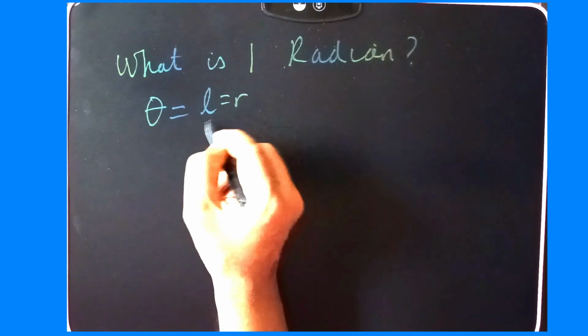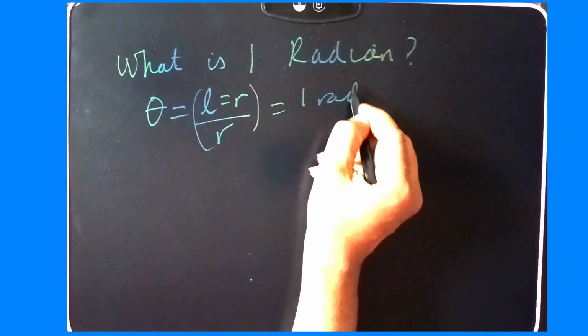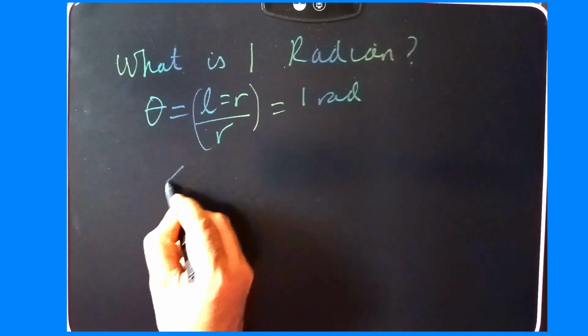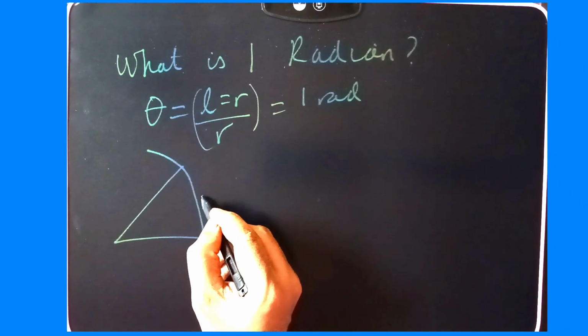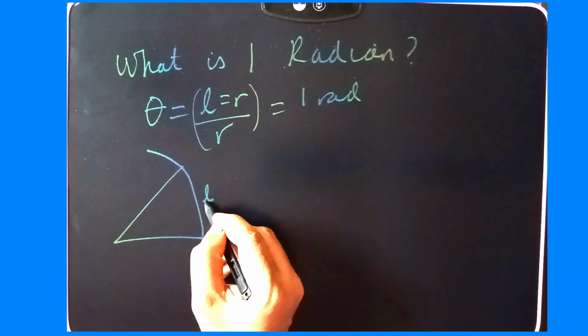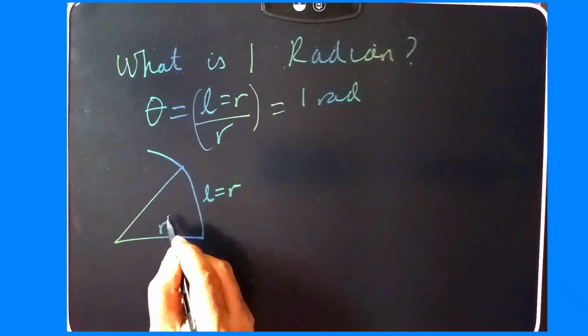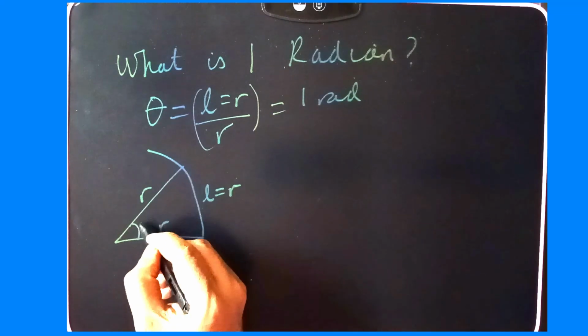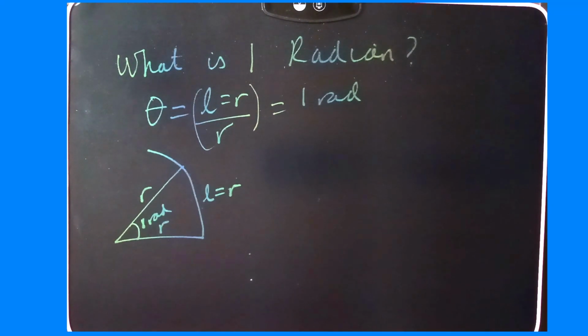Length will become equal to r, divided by r, right? Then I'll get 1 radian. So at the moment the arc length traversed becomes equal to the radius of the circle, r, that will be 1 radian. I hope this is clear.